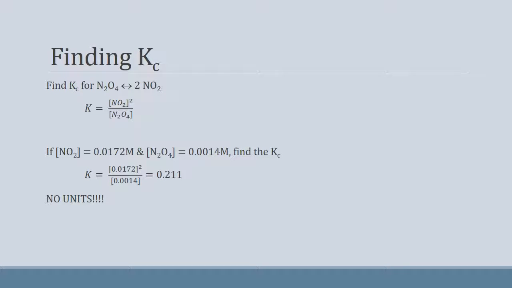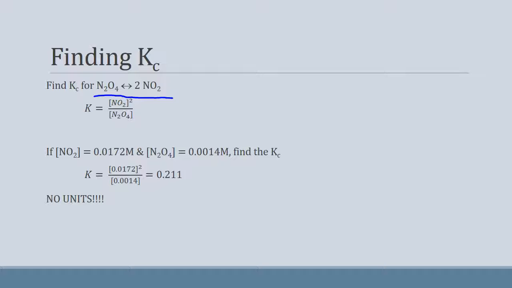So let's take a look at what finding an equilibrium constant actually looks like. Here's an equation where we're trying to find the Kc for N2O4 makes 2NO2. To find the K value, you take the products over the reactants. So in this case, we're going to have NO2 raised to the second, because that's the coefficient, divided by N2O4.